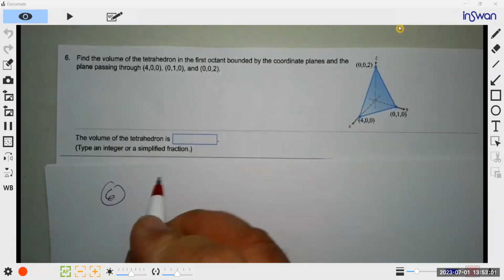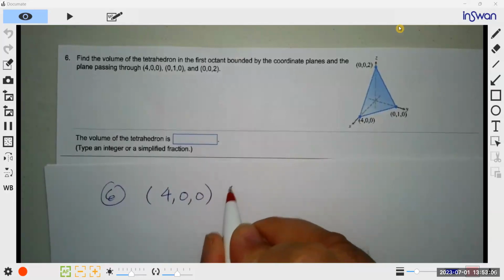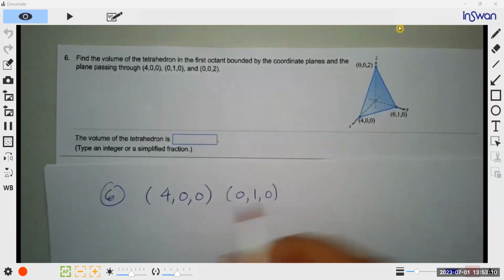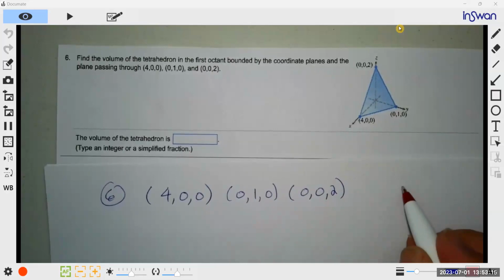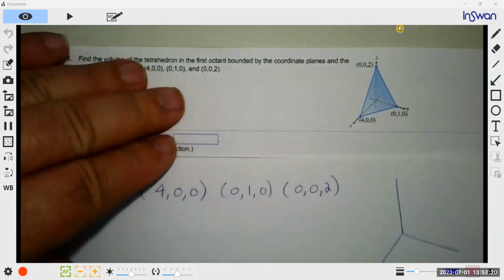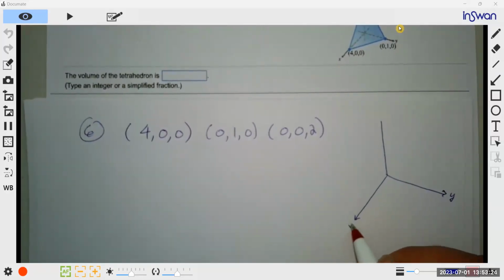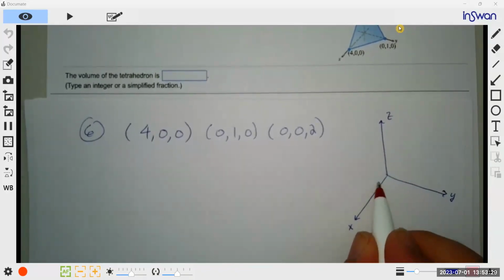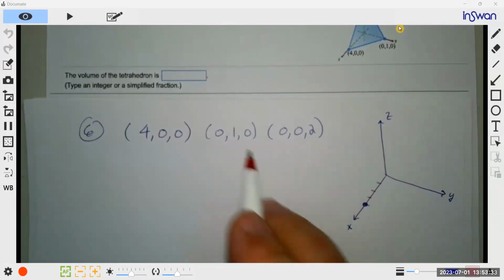So number 6, we have the points 4, 0, 0, 0, 1, 0, and 0, 0, 2. At 4, 0, 0, we have a point.